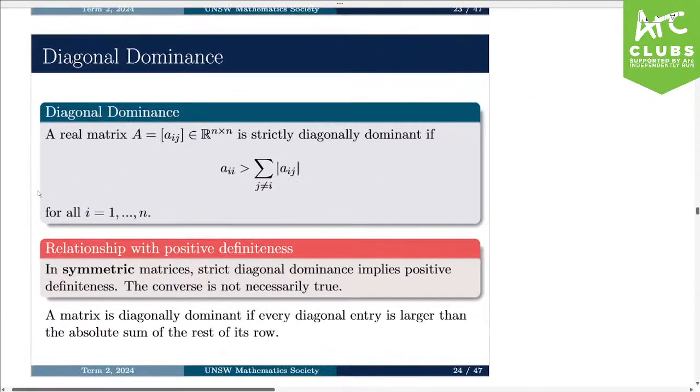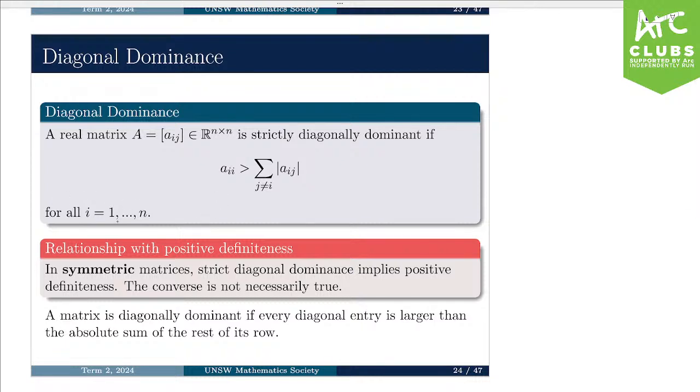Okay, the next property is diagonal dominance. So this actually hasn't been tested in any of the past papers, but it's part of the content, so we'll briefly go through it.